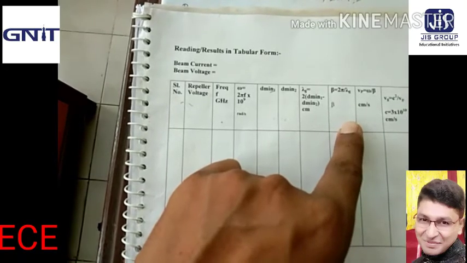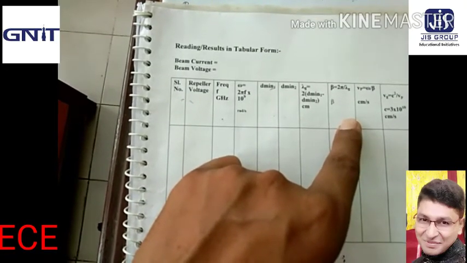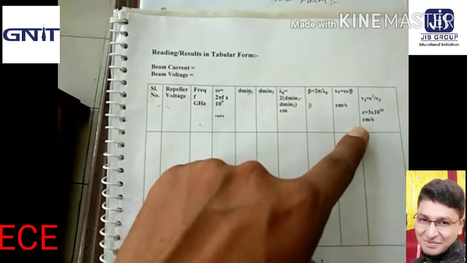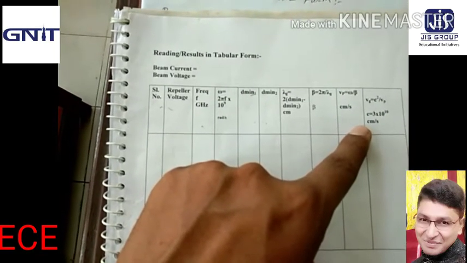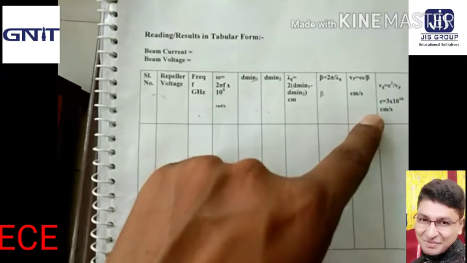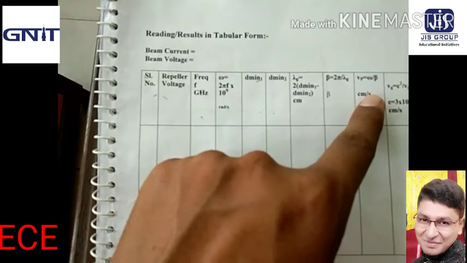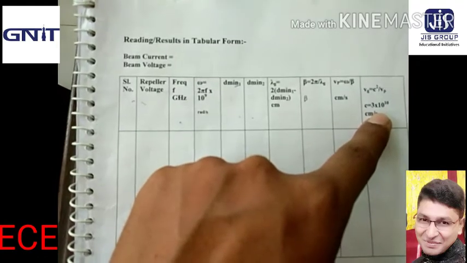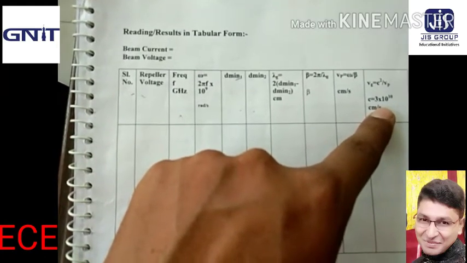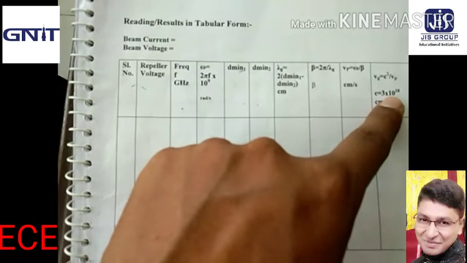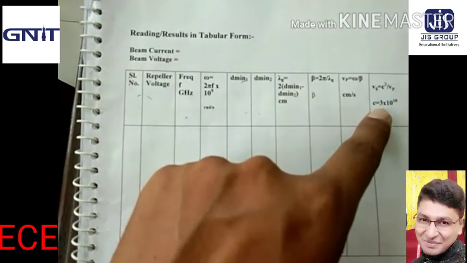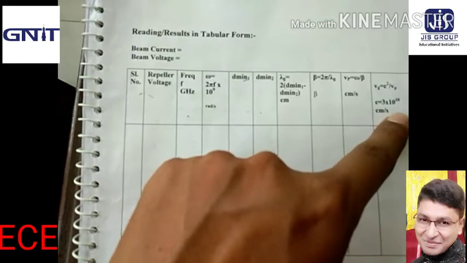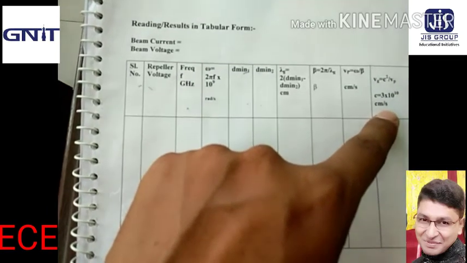Beta is equal to 2 pi by lambda g. Vp, phase velocity, is equal to omega by beta. Vg, group velocity, is c square by Vp. C is equal to 3 into 10 to the power 10 centimeter per second.